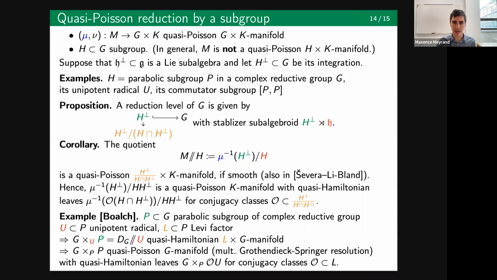The quasi-Hamiltonian leaves are given by these spaces, where O is a conjugacy class of the Levi factor, which is a reductive group. So this recovers nice spaces from nice examples of quasi-Hamiltonian spaces in Lie theory.